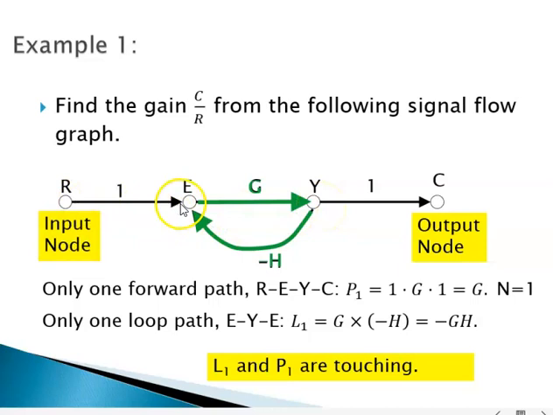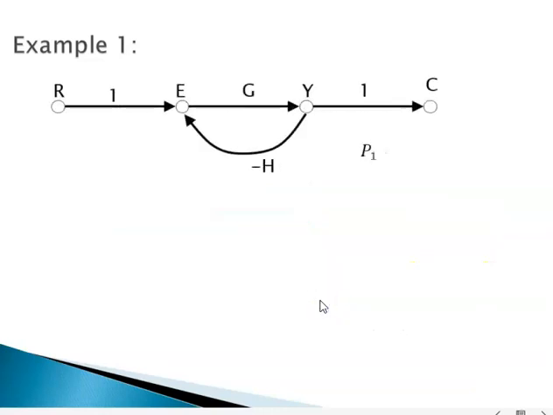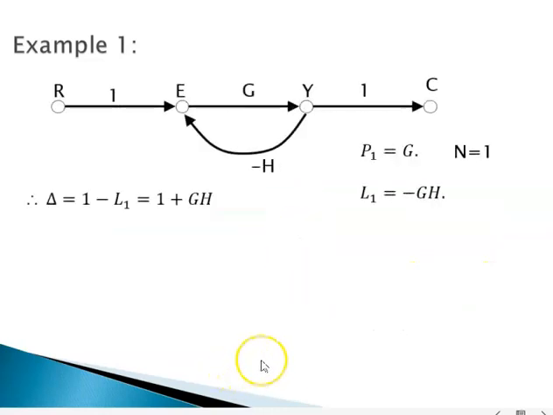Going from R to E to Y to C is the forward path. E to Y back to E is the loop. So these two are touching each other.